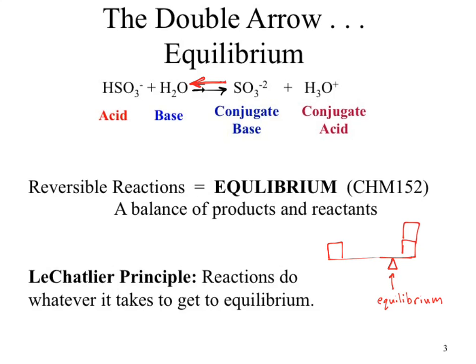He said, here's the reaction, you got it settled, good. I'm going to mess with it. I'm going to add another brick over here. What happens? Now it goes out of balance. Now there's too many products, and the fulcrum shifts. We've now rocked the other direction.